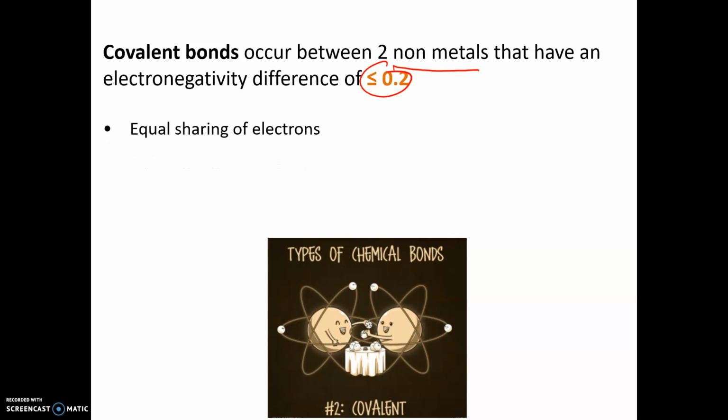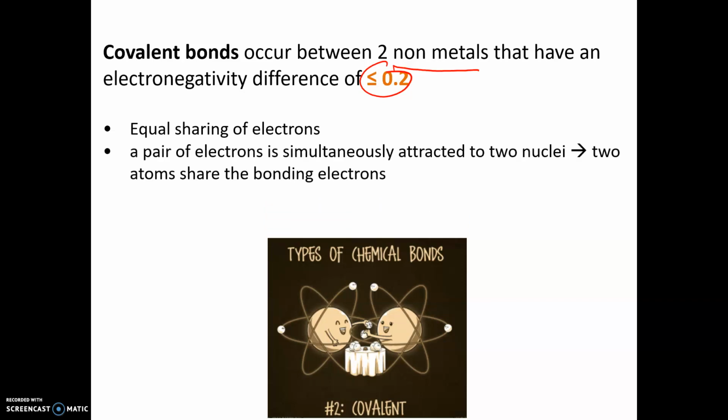This means that we have an equal sharing of electrons. So the electrons are not spending more time around one atom versus the other, and the pair of electrons is simultaneously moving between the two nuclei. The two atoms are equally sharing those electrons, which means that they have full outer shells. Our valence shells are full and happy.